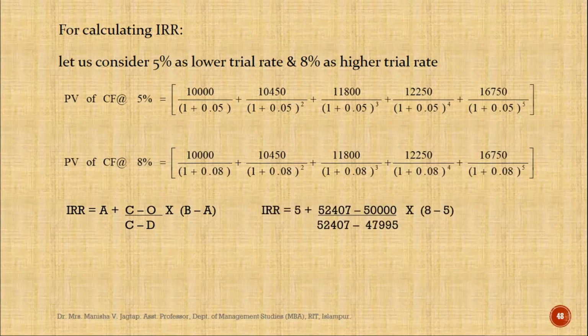By putting figures over there, we can see here A is lower trial rate, so 5 is written. Next is C, present value of cash flow at lower trial rate, minus O, that is original investment 50,000, divided by present value at lower trial rate minus present value at higher trial rate, into P, higher trial rate, minus A, that is lower trial rate, that is 5.